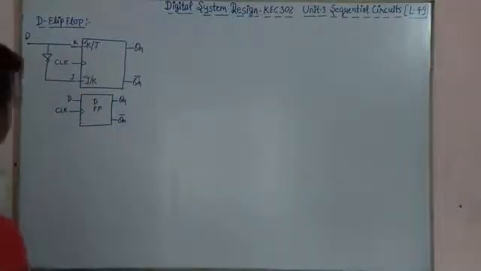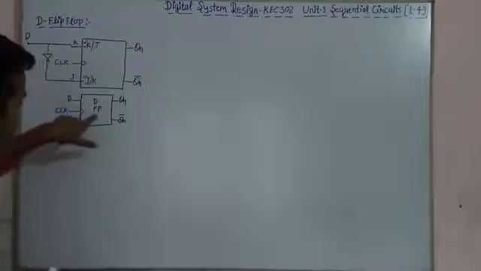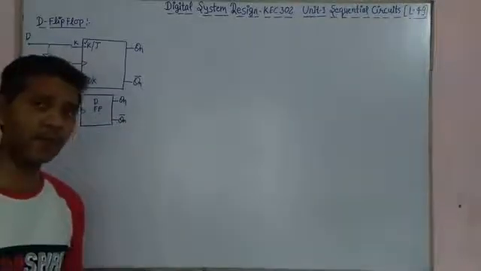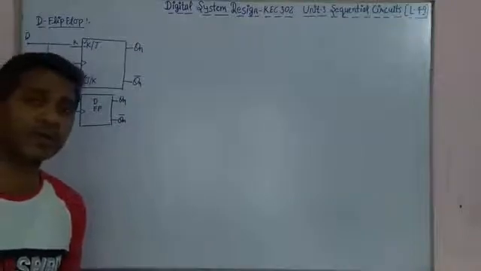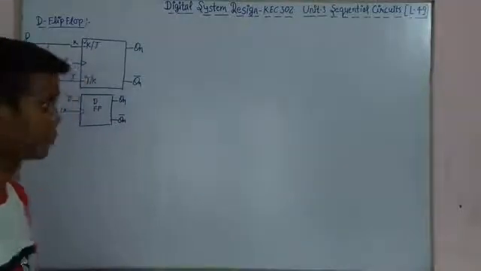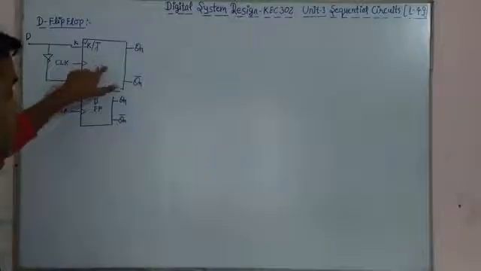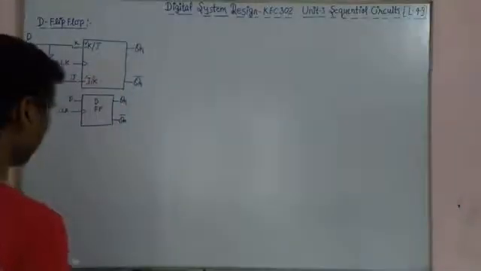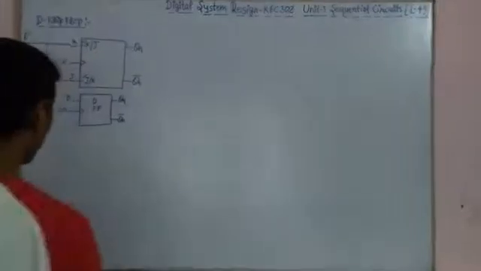Before starting any story about this D flip-flop, first of all we will discuss a little bit of introduction about this JK flip-flop. So for this JK flip-flop, what will be the truth table?